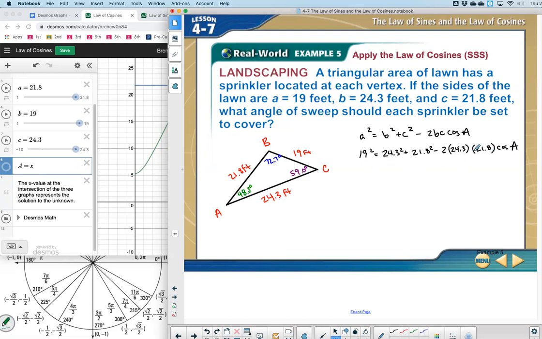To make it easier, I need to subtract 24.3 squared and subtract 21.8 squared.